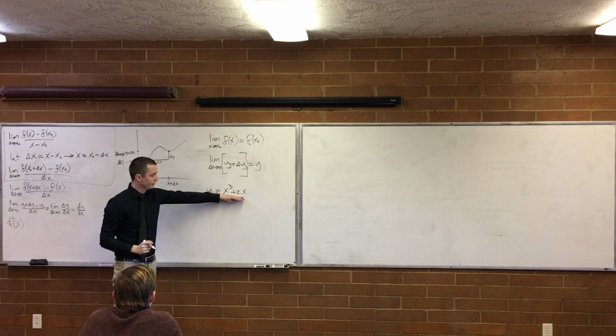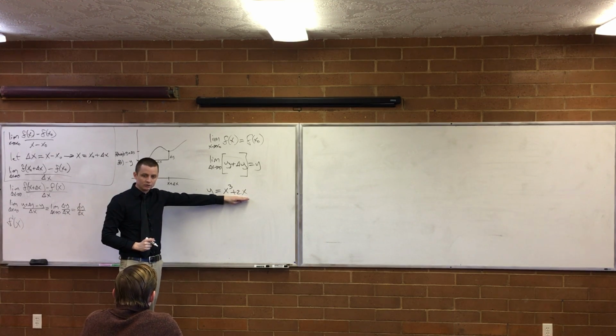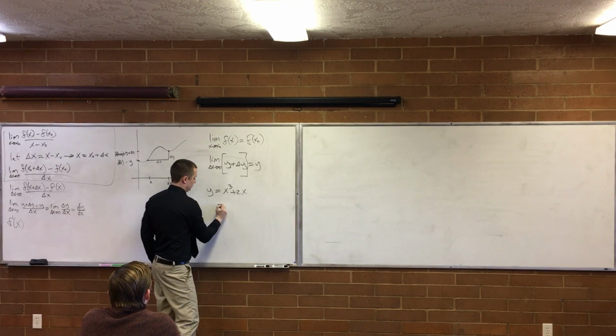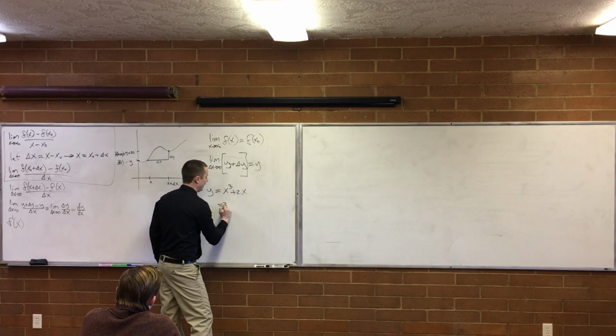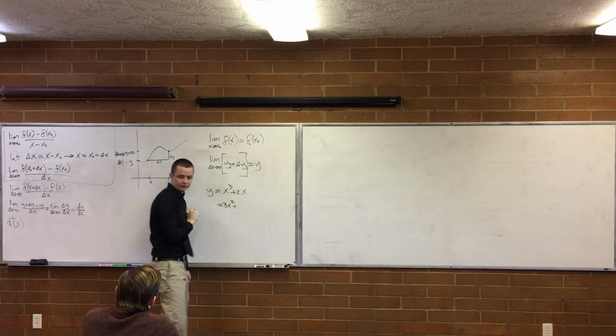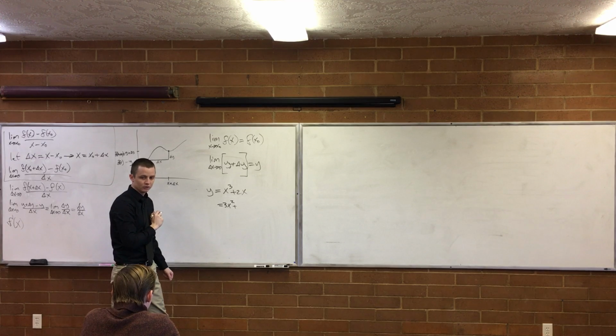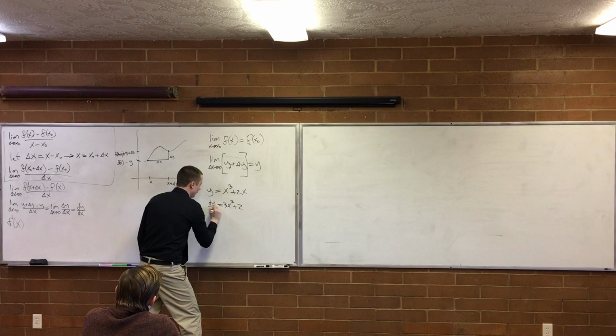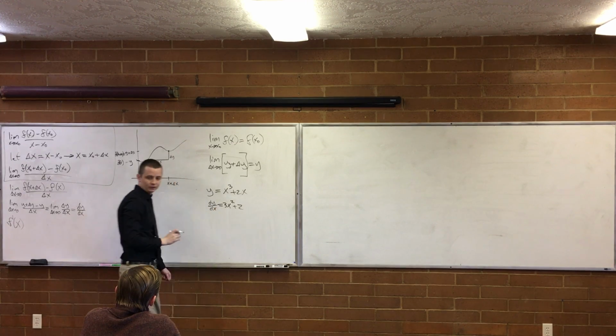You know how to take the derivative of this thing, right? The derivative of x cubed is 3x squared. And what's the derivative of 2x? That's just 2. So dy dx, the derivative of y with respect to x, is equal to this thing.